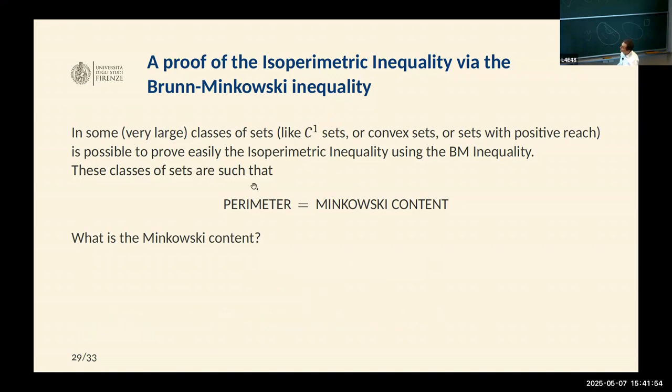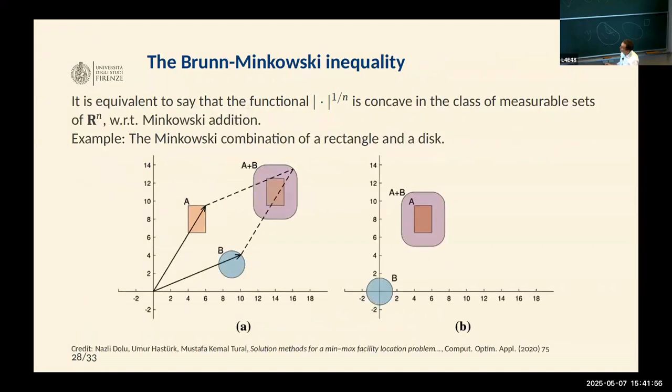Okay. If you go back to this figure, you want to find the perimeter of this rectangle. Of course you can do it, but think of a more complicated figure, a more complicated set. Then you add the ball, you take the area of the set that you get, and you subtract the area of A. Then you get the area of this part here.